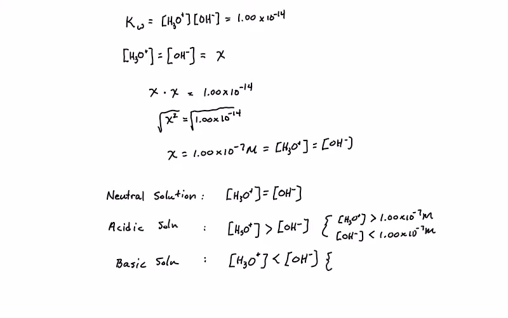Whereas in the case of a basic solution, the concentration of hydronium is going to be less than 1.00 times 10 to the negative 7th molar, and the concentration of hydroxide is going to be greater than 1.00 times 10 to the negative 7th molar.